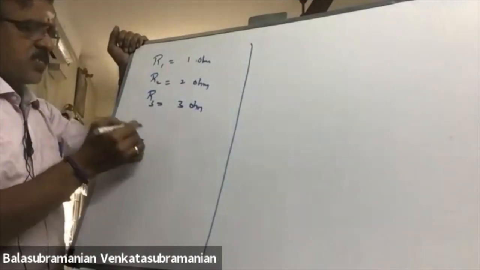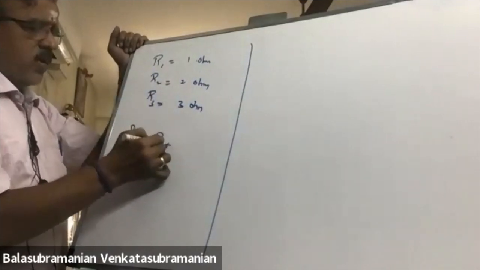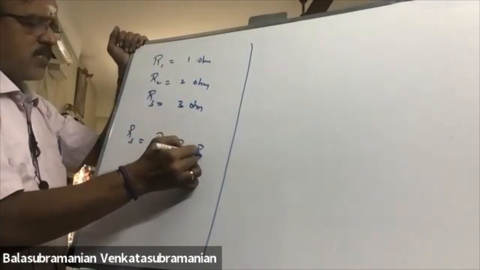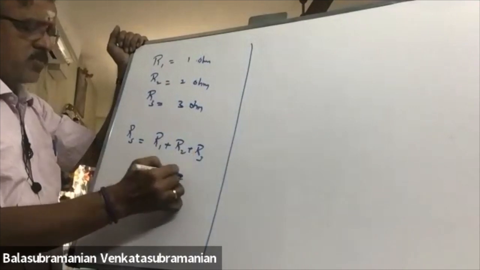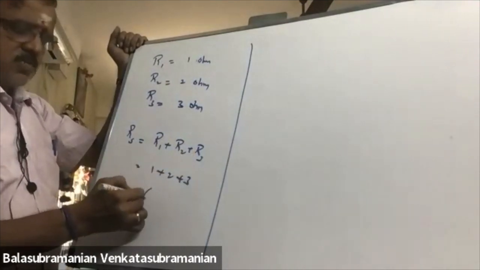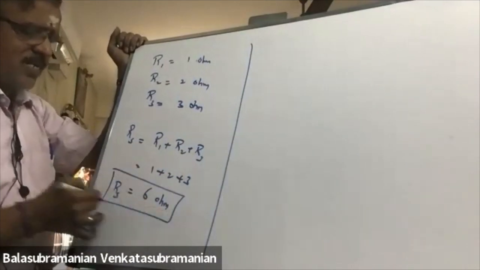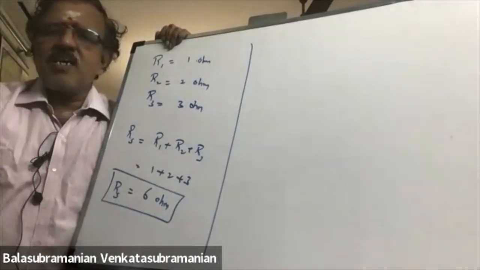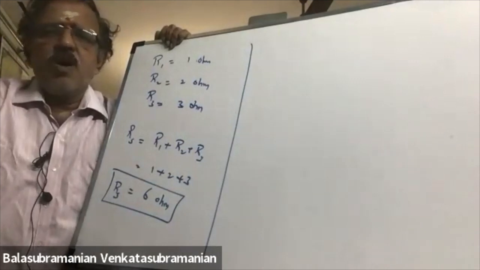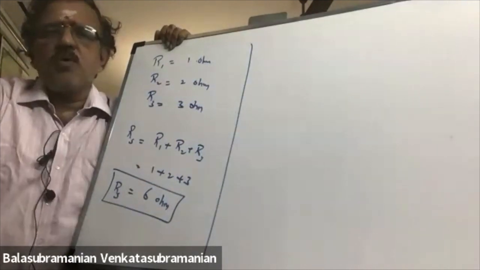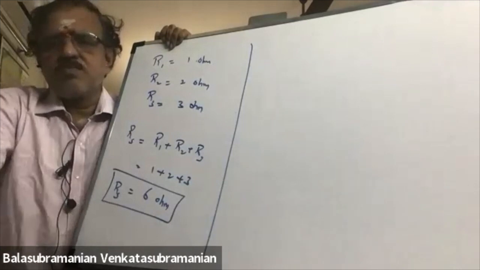Resistors in series value? R1 plus R2 plus R3. I can write 1 plus 2 plus 3, 6 ohms. So the resultant resistance when connected in series for 1 ohm, 2 ohm and 3 ohms is 6 ohms.